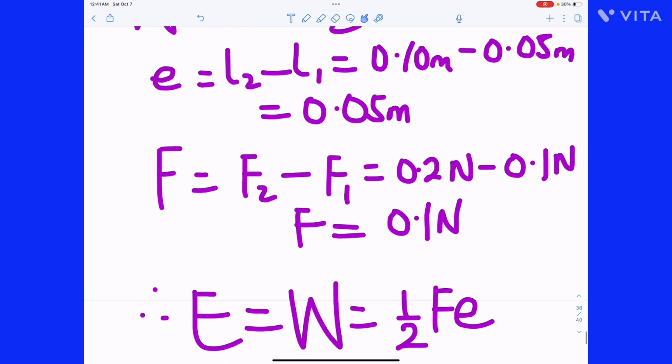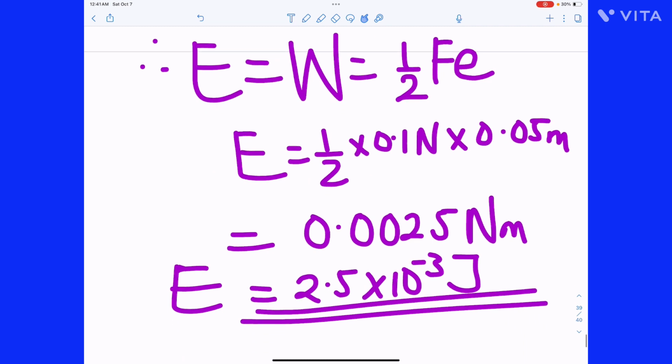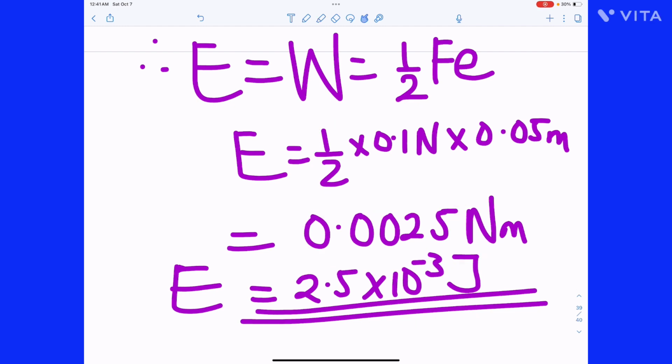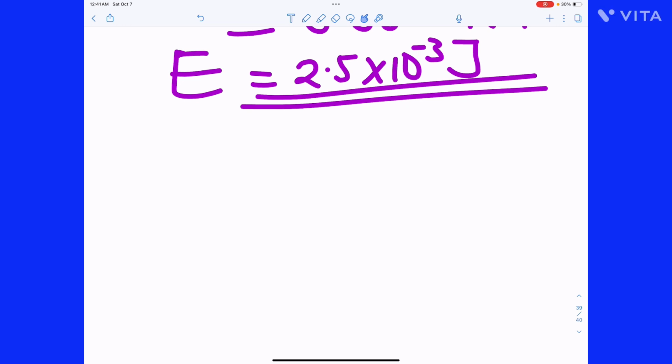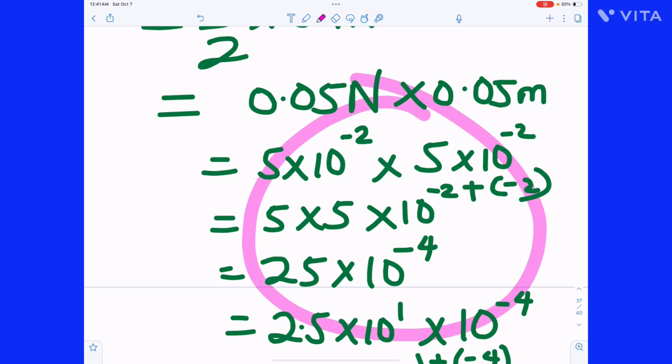Get the extension, get the force, multiply with your calculator, half times 0.1 times 0.05, get your answer straight, change it to standard form. You could go that way, but sometimes when you don't have a calculator in some tests or exams, you need to do it step by step like this. So that will help.